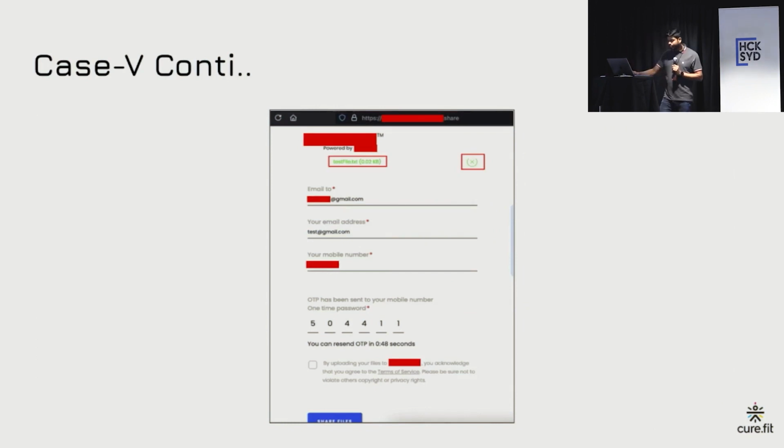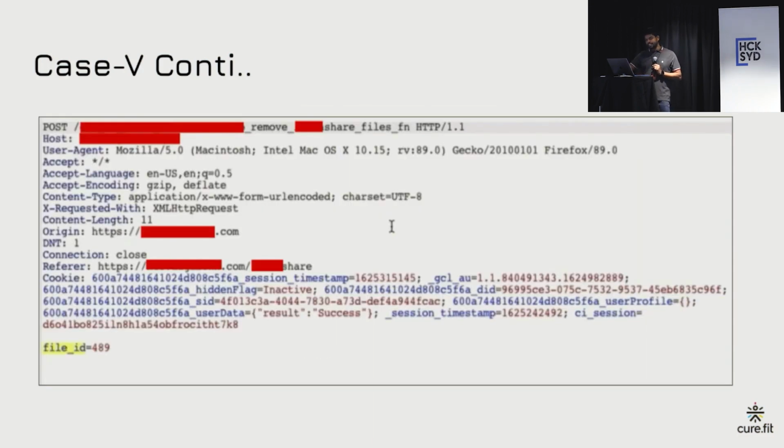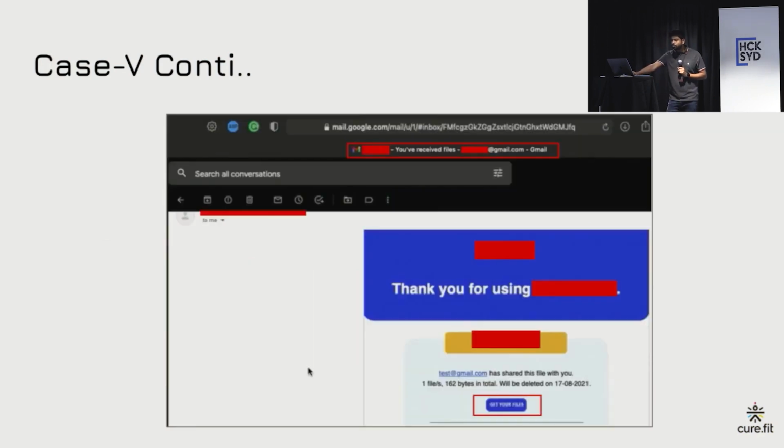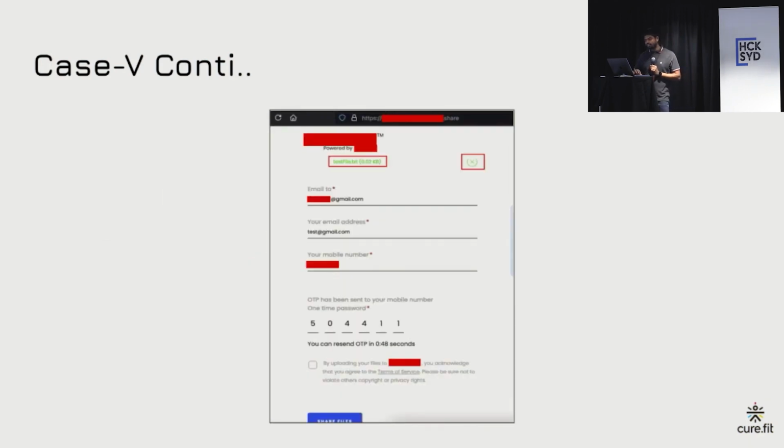When I was clicking on that cross button, this request was being generated, which was some API, remove share file, and it contains a file ID in the body, which is file ID equals some ID. I took the file ID of this particular file.